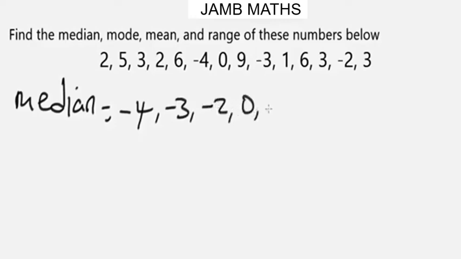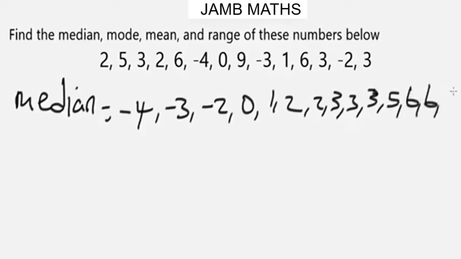We have 0, 1, 2, 2 again, double 2, triple 3, 5, double 6, and 9. So we have arranged these values in ascending order.